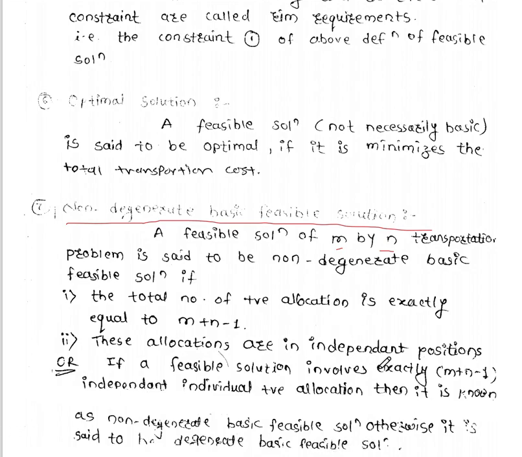Otherwise it is said to be a degenerate basic feasible solution. Right. The number of positive allocations should be m plus n minus 1. Only if there are this many positive allocations can we call the solution a non-degenerate basic feasible solution.